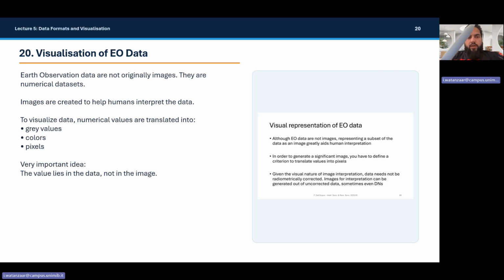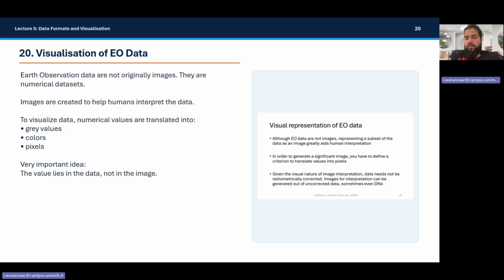Now we are looking into the visualization of earth observation data. As we have seen so far, the data sensed by the satellites are not images directly, they are numerical data sets. So images are created to help humans interpret the data. To visualize the data, numerical values are translated into gray levels, true colors, or pixels. A very important idea: the value lies in the data.